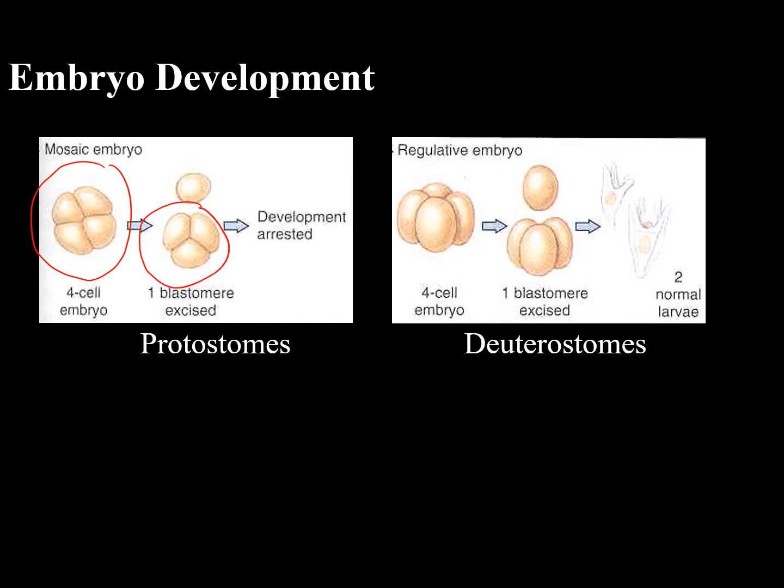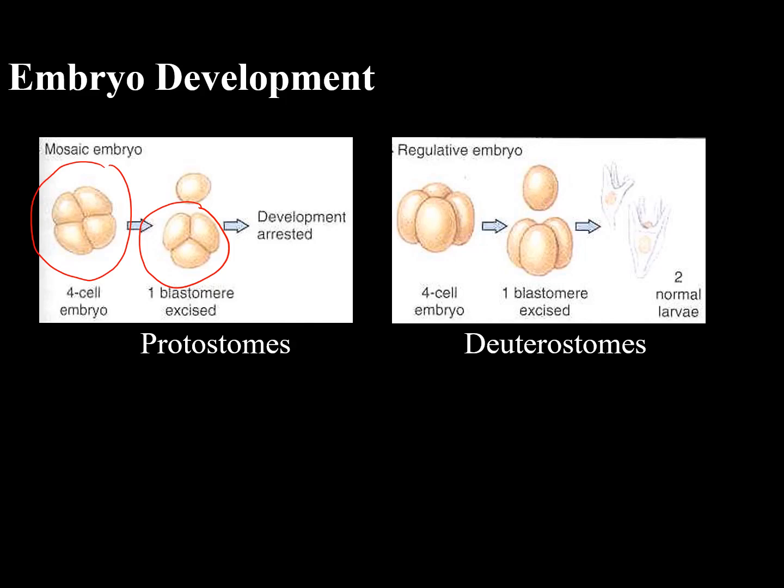What you have effectively done to that developing animal is that you've removed a quarter of its body. That one cell you removed was ultimately going to develop into approximately a quarter of the animal's body. So development just stops. It doesn't work. The embryo dies at that point. They call that a mosaic embryo. So that's how it works with protostomes.